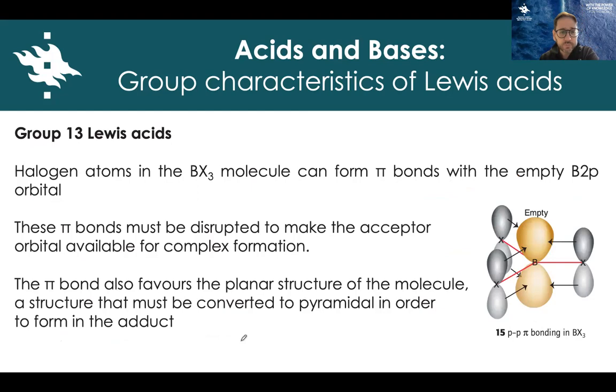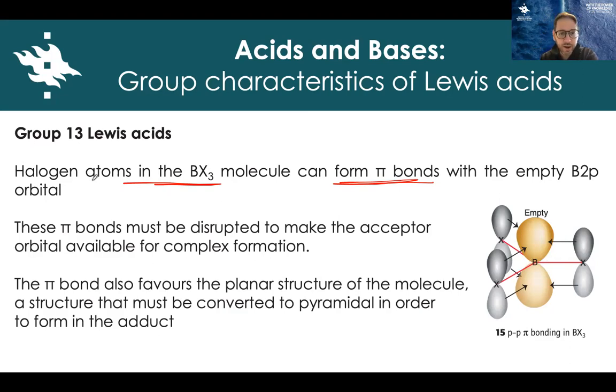But here we do not observe this trend; we actually observe the opposite trend. This is because, in these boron 3 halides, as shown here in this picture, the halogen atoms can actually form some pi bonds, or bonds perpendicular to the plane of the main bond between the atoms.